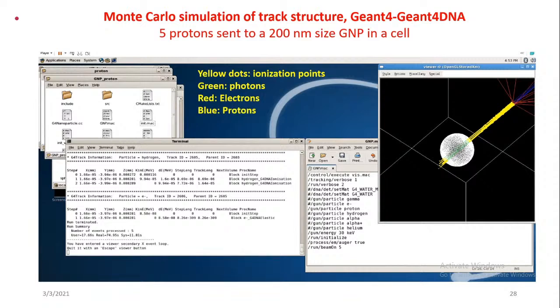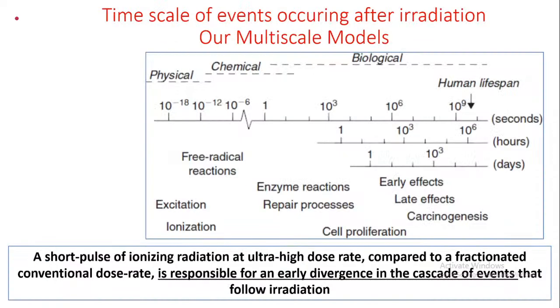If one cycle accounts for 1 femtosecond, then the time gap between 2 tracks would be 10 femtoseconds. In this example, if we intend to increase the dose rate by a factor of 2, we simply send the second track after 5 vibrations. So we have to play with this Monte Carlo toolbox to bring the concept of time and the dose rate into our simulations. And we did it using molecular dynamics, in fact.